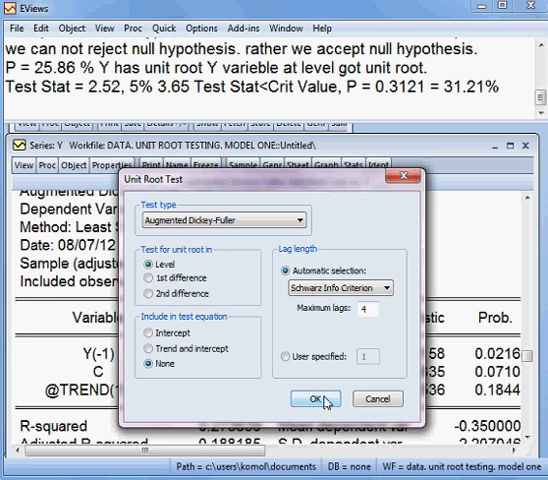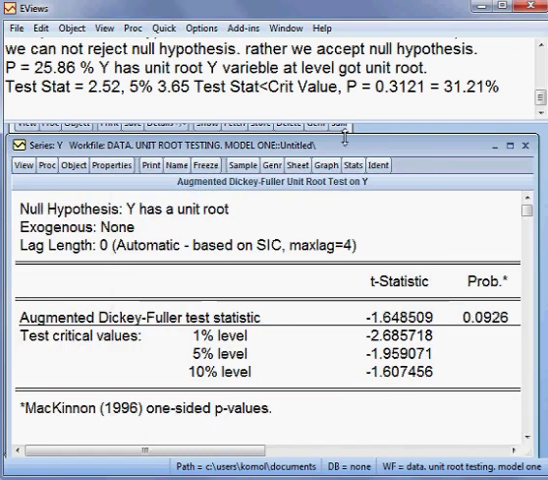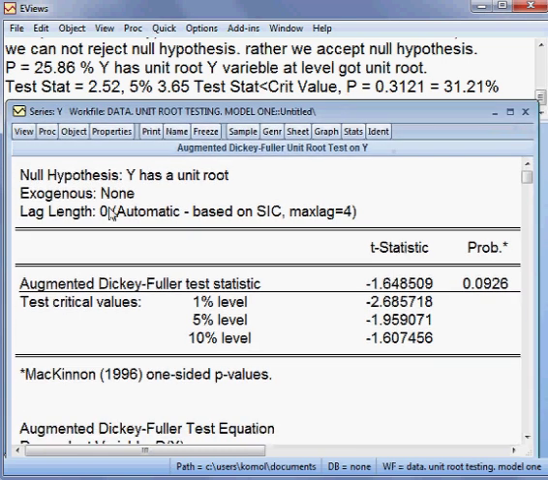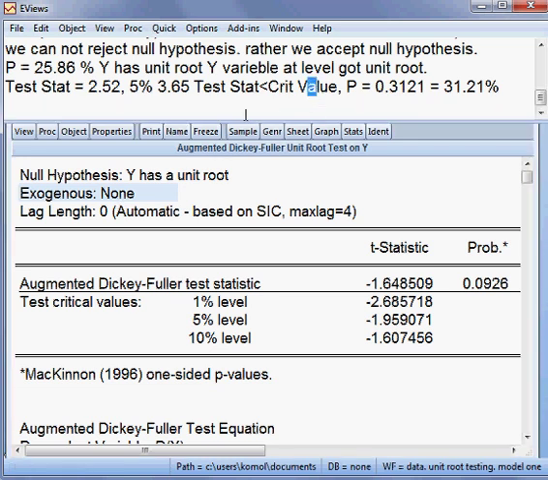Then I press OK. So these are our results. You can see the null hypothesis, y has a unit root, and there is none, meaning that this model has neither constant nor trend.